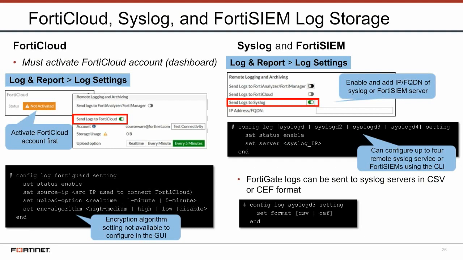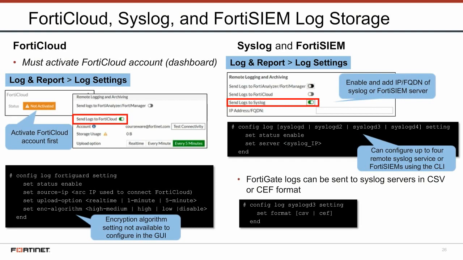You can also configure remote logging to Syslog and FortiSIM on the Log Settings page or the CLI. You can configure FortiGate to send logs to up to 4 Syslog servers or FortiSIMs using the config log syslog-d CLI command.